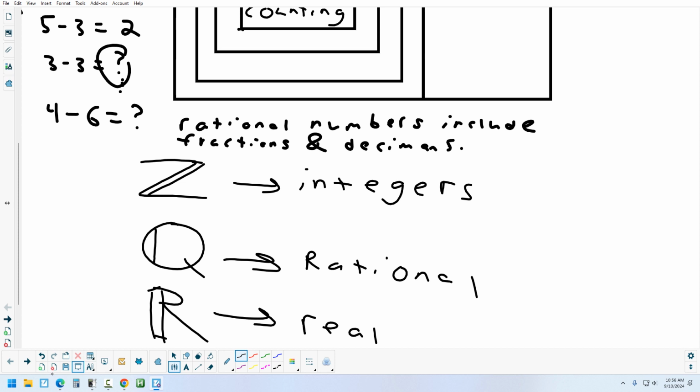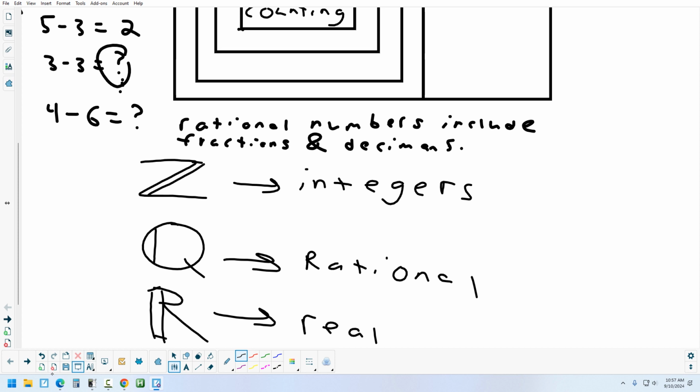You can remember it that way. And real numbers, the symbol you'll see for those is an R. So whenever you see those three symbols, they stand for those three words.